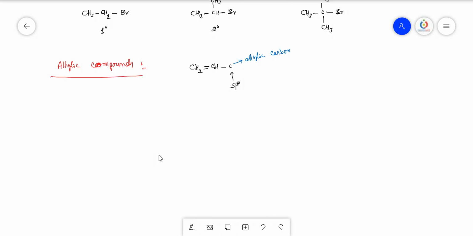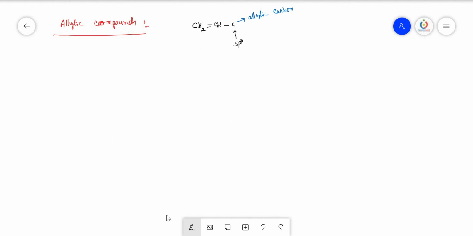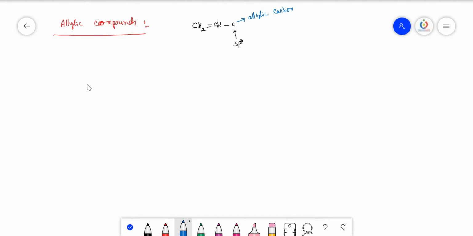Based on the type of allylic carbon, these compounds are again of three types: primary allylic, secondary allylic, tertiary allylic. Let us take the primary allylic compound CH2 double bond CH single bond CH2Br. Here this is the allylic carbon which is connected to only one carbon atom, hence it is called the primary allylic.